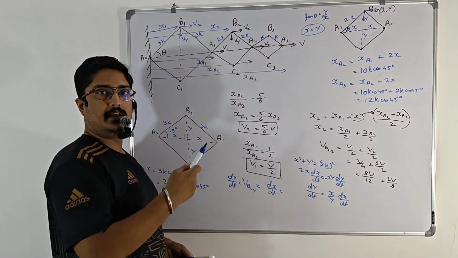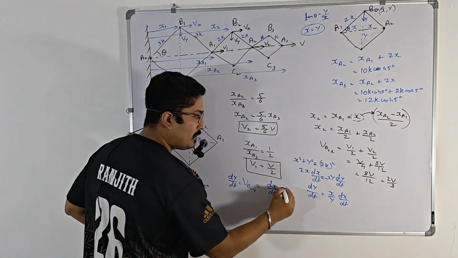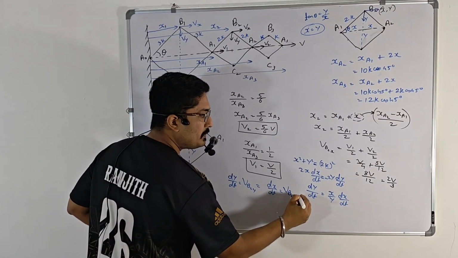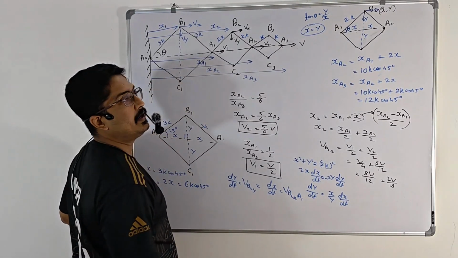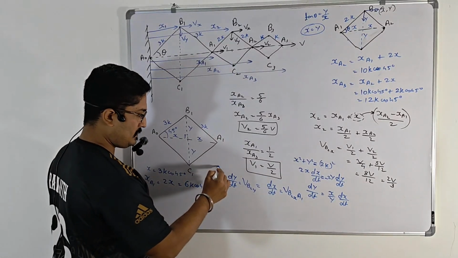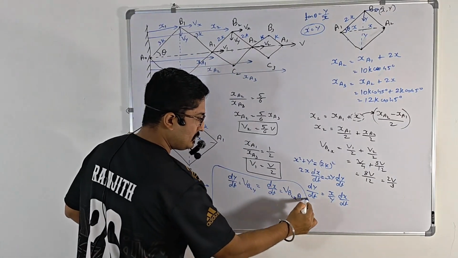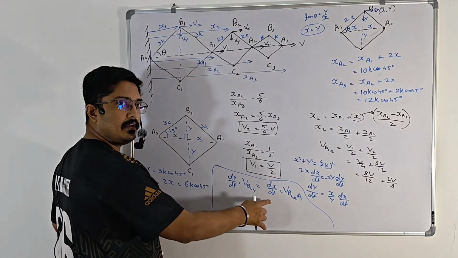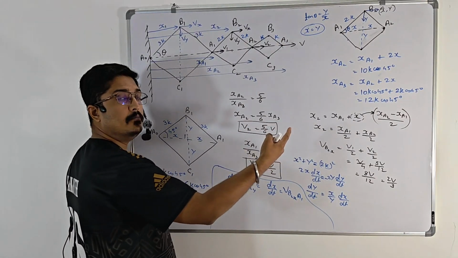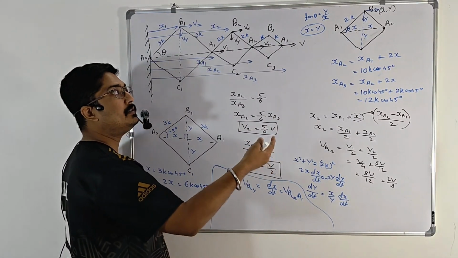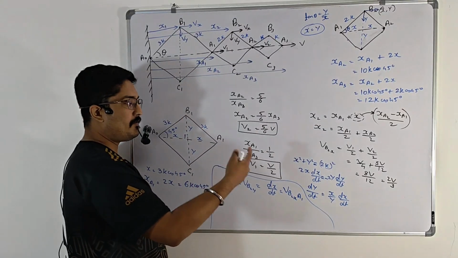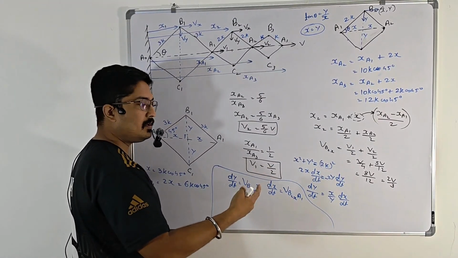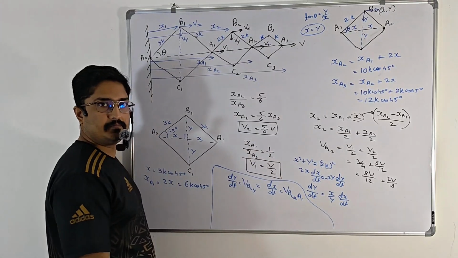So dx by dt should give me the velocity of B2 in x direction with respect to A1. Try to understand this. Correct? x is the horizontal position of B2 with respect to A1. So if I differentiate that, the velocity I get is also of B2 in x direction with respect to A1.